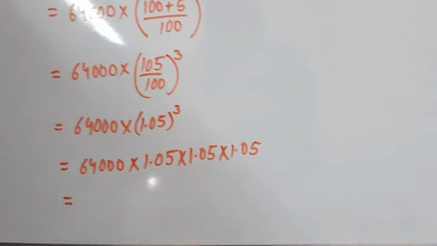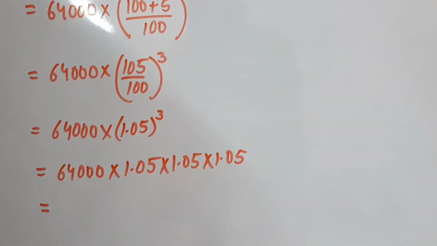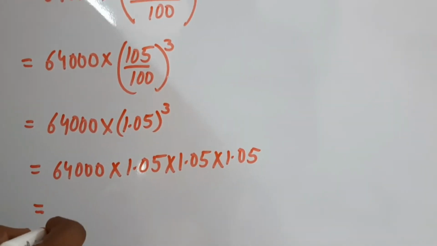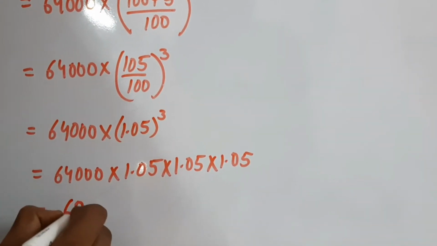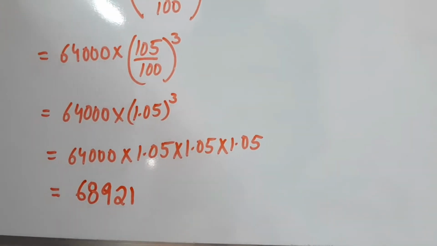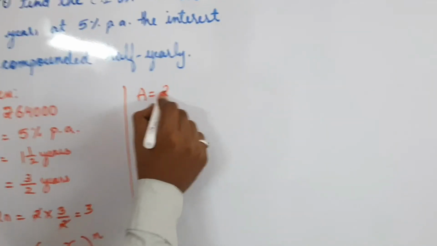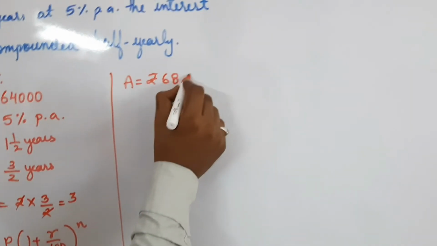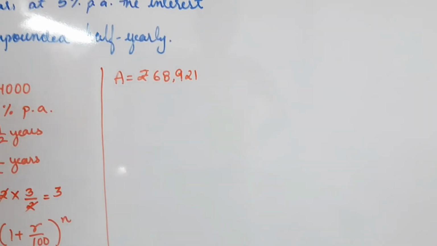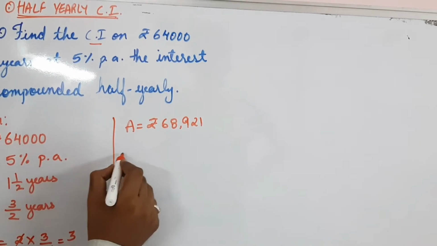Multiply that, students. You will get around 68,921. So this 68,921 is the amount. The question is to find the compound interest.